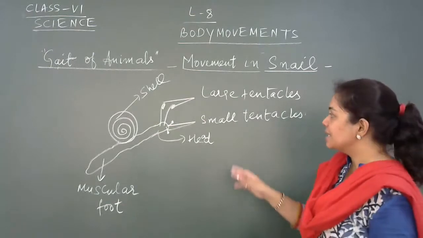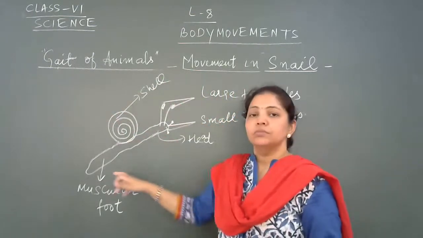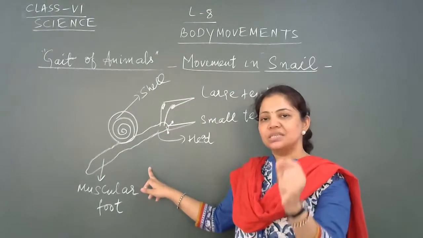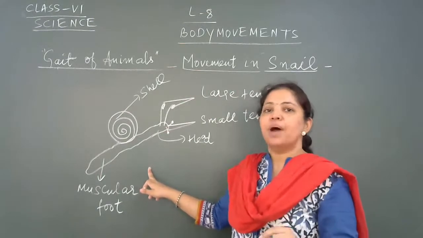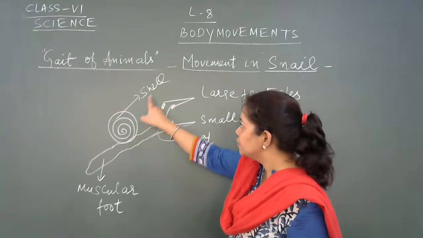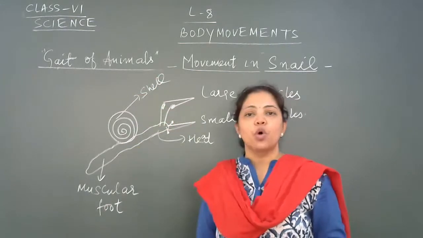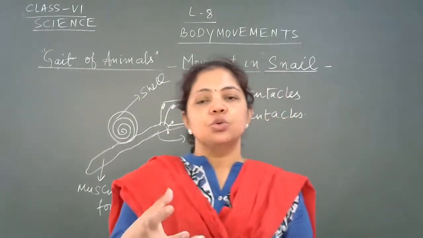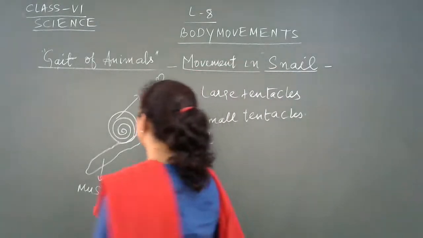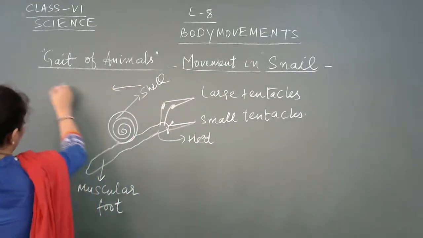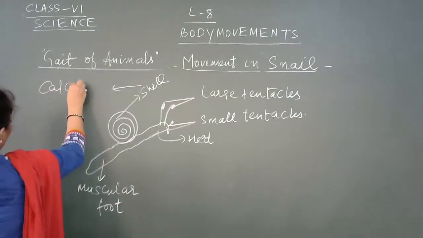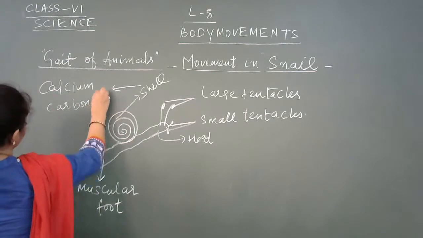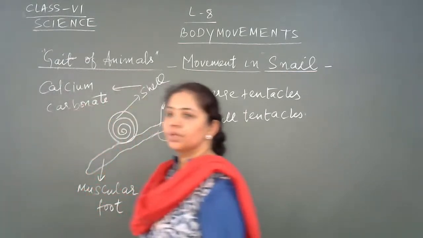Now here, in case of a snail, the most attractive body part visible to us is the shell which is present over its body. Yes, a shell is present over its body, and that shell is made up of a compound called calcium carbonate, right?